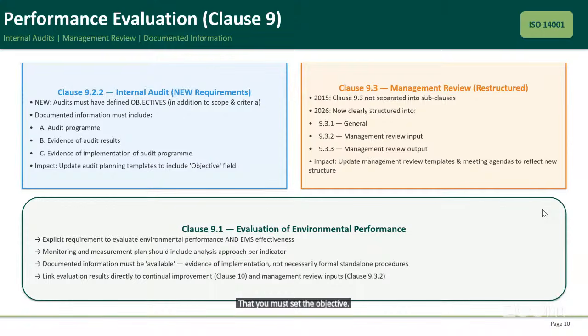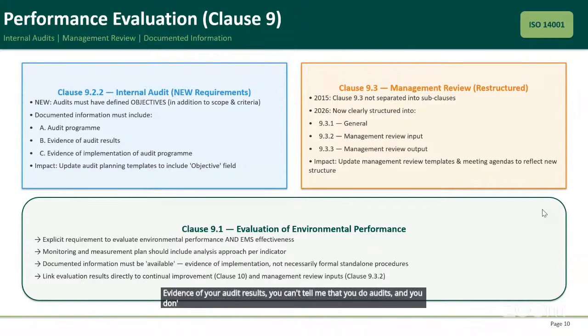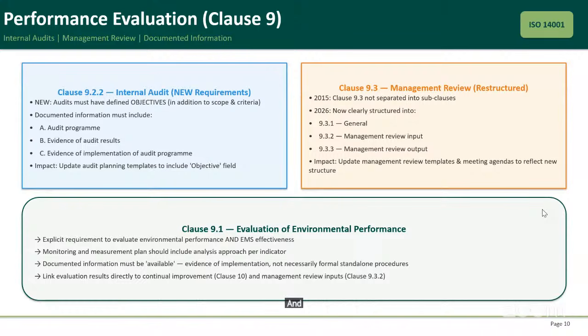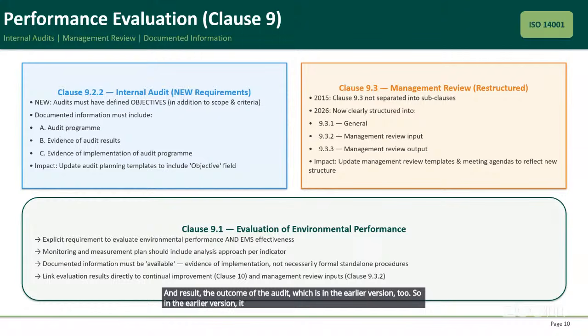And your documentation must include the audit program and evidence of your audit result. You can't tell me that you do an audit and you don't give us the result of the audit, which is the audit report, the outcome from the audit, which is in the earlier version too. So in the earlier version, it was just criteria and scope, but now criteria, scope, and objective have been included. Objective is also a new requirement that has been included.